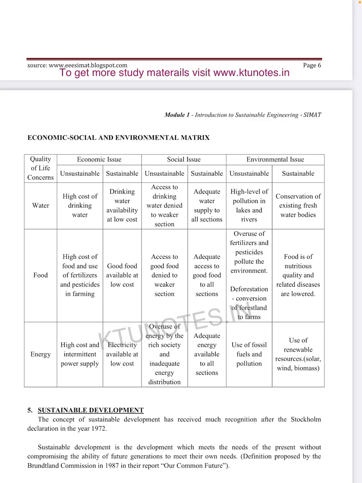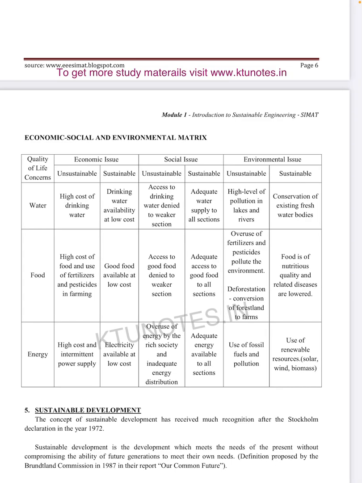If we consider water as a quality of life concern, economic sustainability and social sustainability are classified as sustainable and unsustainable. Economic sustainability is unsustainable in water cases if there is a high cost of drinking water, and sustainable if drinking water is available at a low cost. Social sustainability is unsustainable if water is denied to the weaker sections, and sustainable if we provide water to all sections.